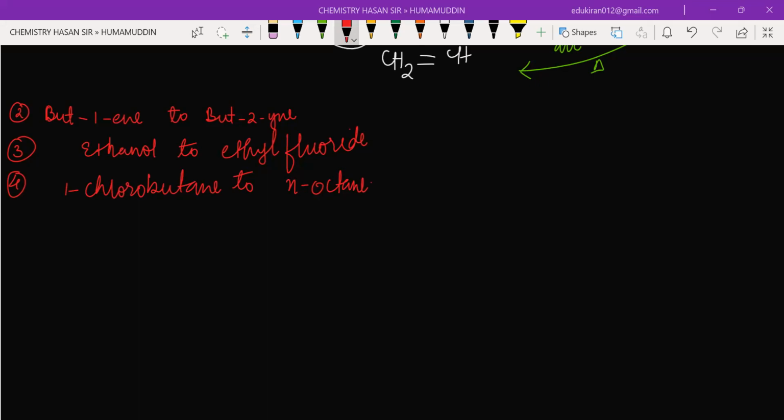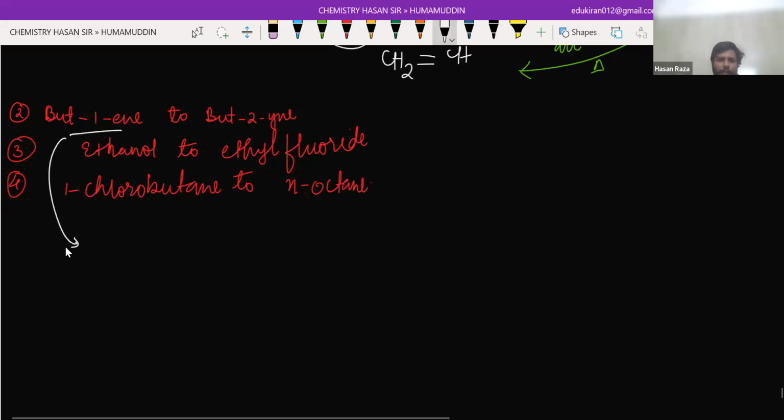Okay, the second one is very easy. Basically, you just need to convert that into haloalkane and use the Swarts reaction. I'm going to do this butene to butene.